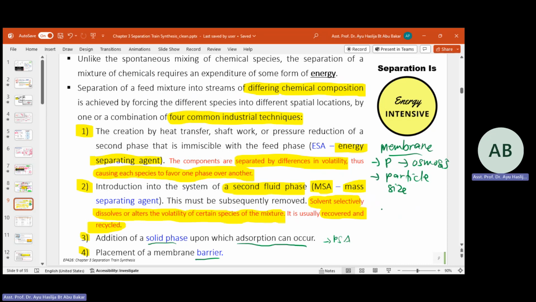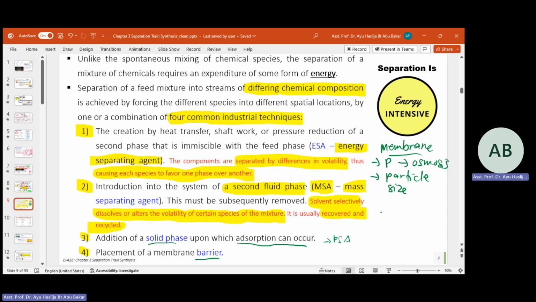Okay, let's say, for example, mixtures of liquid, ethanol and water. Liquid mixtures, right? So both, we won't detect any particles inside it. So they're liquid mixtures. So it is not possible to separate them using membrane.